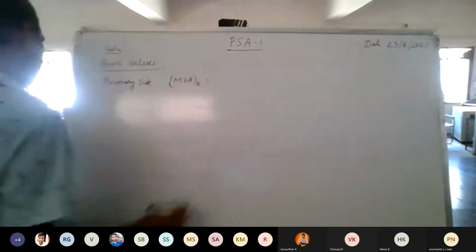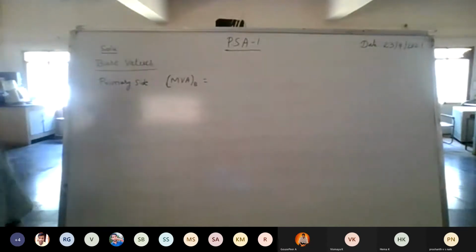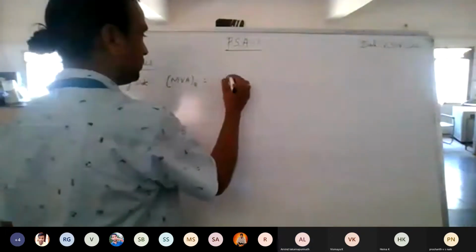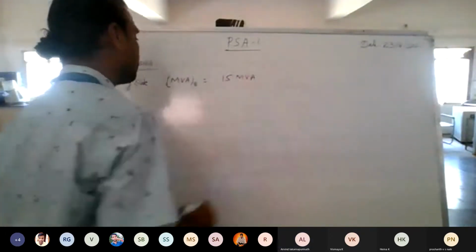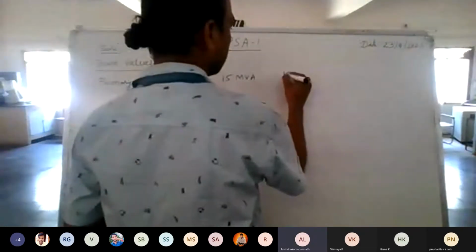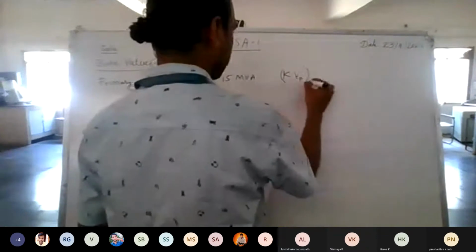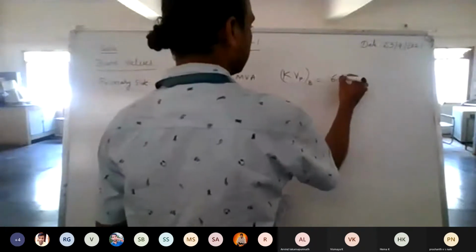It is given in the problem, 15 MVA. So what is the kV? 6.6. So the kV base on the primary side is equal to 6.6 kV.